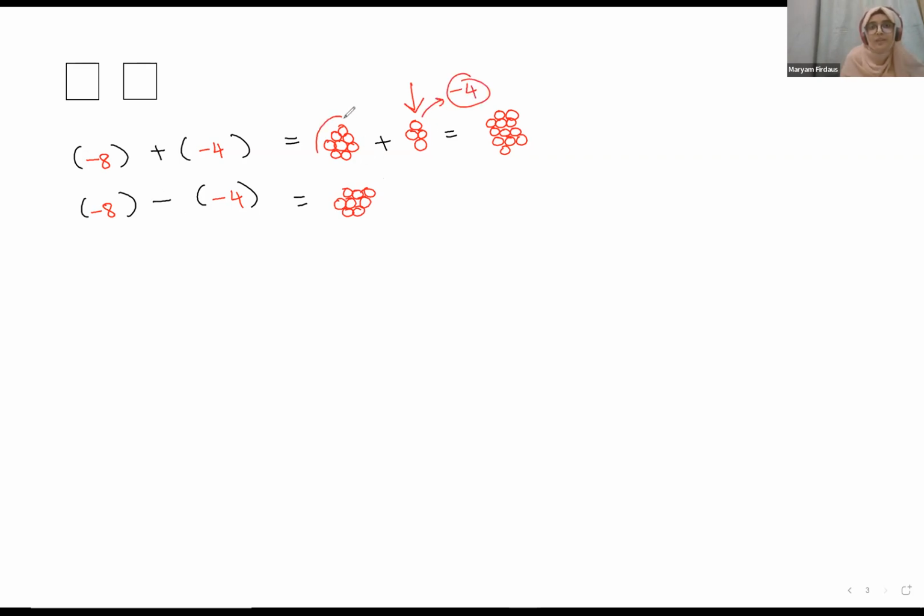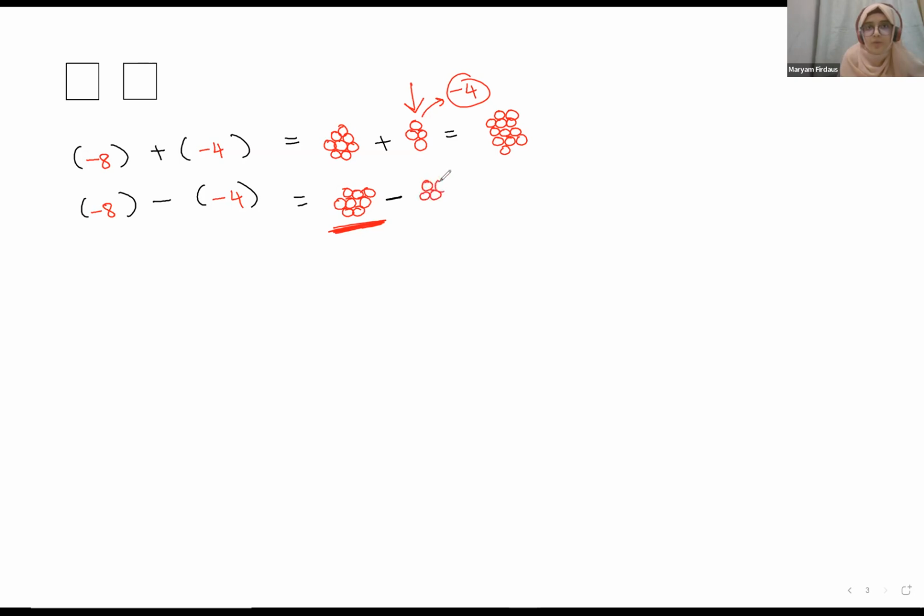So from this, I am subtracting -4. I am subtracting 4 red balls from it. What does that mean? What will I be left with? -4. Yes, I will be left with -4. How come? See.